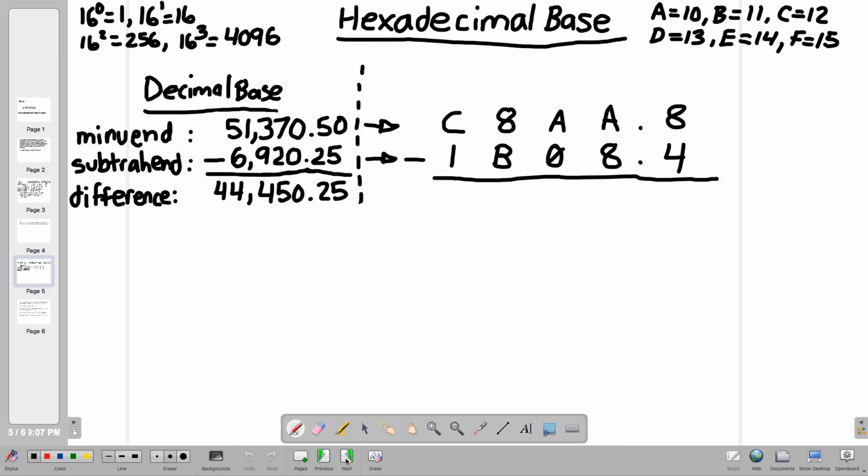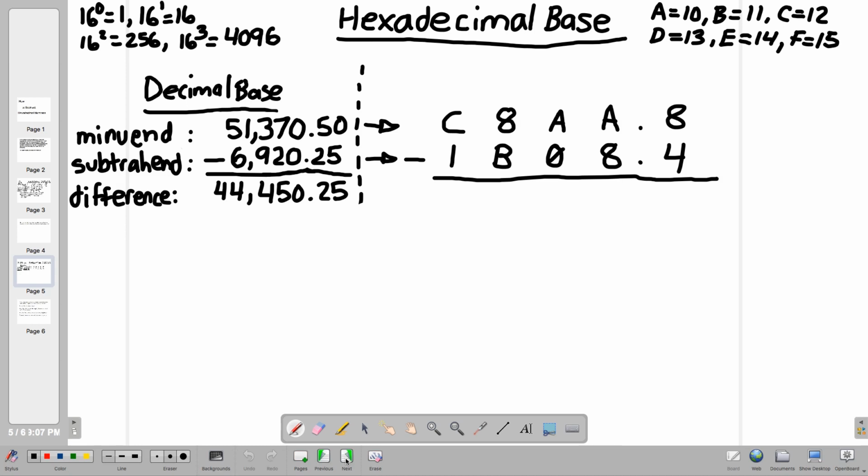Its hexadecimal representation is C8A0.8. For the value 6,920.25, its hexadecimal representation is 1B08.4.